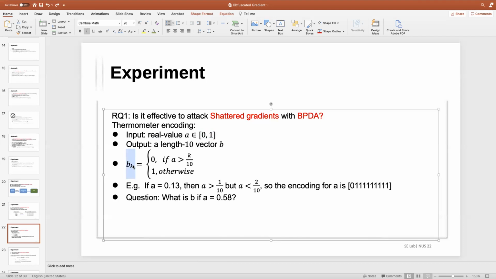It is 0 when A is larger than K divided by 10, and 1 otherwise. Where is the K? K is the K-th entry. For example, if A is larger than 0.1 but smaller than 0.2, the encoding for A is just 0 followed by 9 ones.